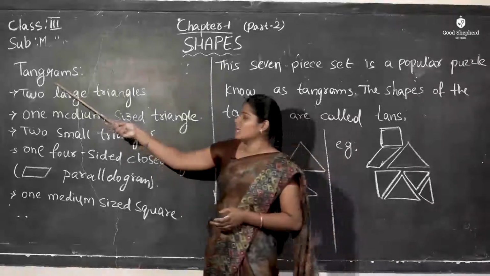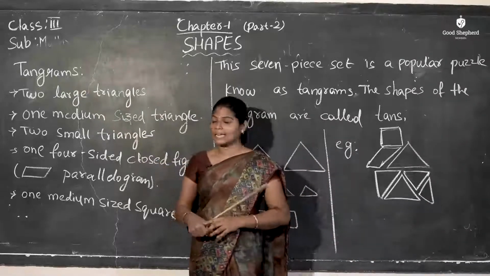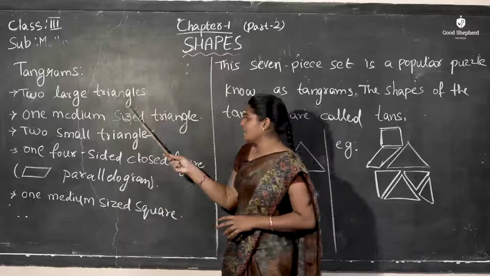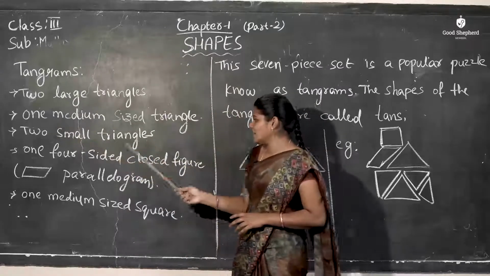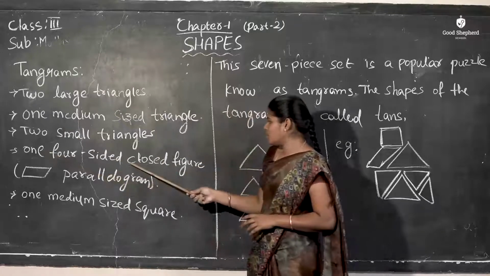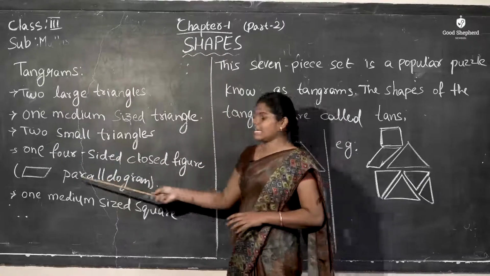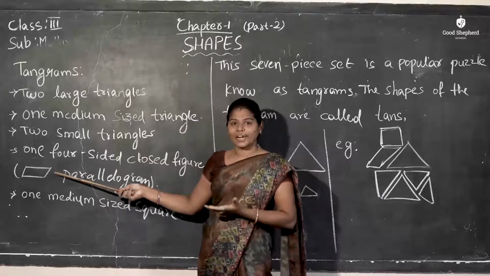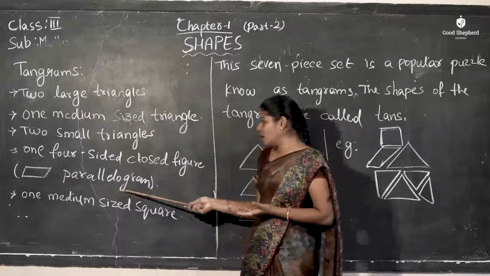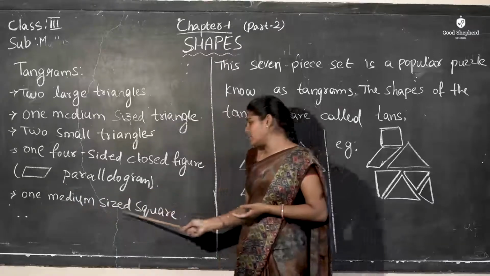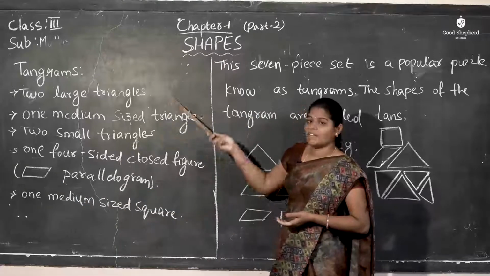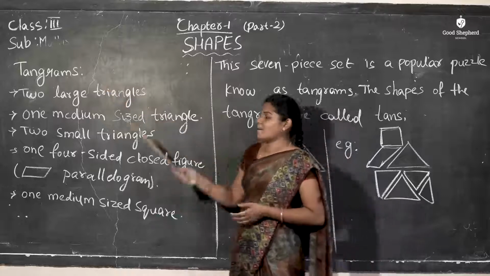Next, coming to tangrams. What are tangrams? Two large triangles, one medium sized triangle, two small triangles, one four-sided closed figure which is neither a square nor a rectangle, so this shape is called a parallelogram, and one medium sized square. So these 7 shapes are called tangrams.